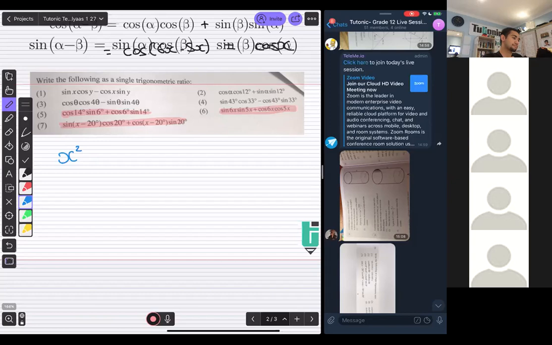Let me go to an example quickly. Negative 3x to the power 3 minus 4x squared plus 3x plus 18.